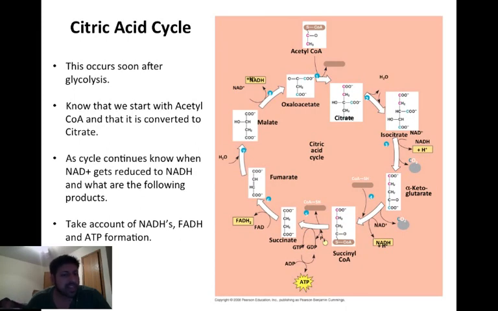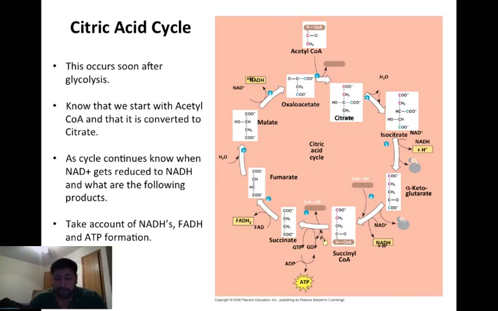That's something that you need to be able to recognize and remember how that happens. So remember, the end product of glycolysis is pyruvate. However, pyruvate is unable to get into the mitochondria where the citric acid cycle, remember, occurs.